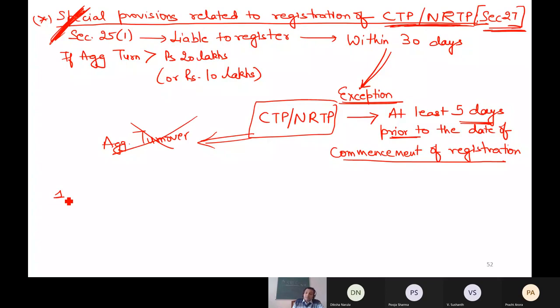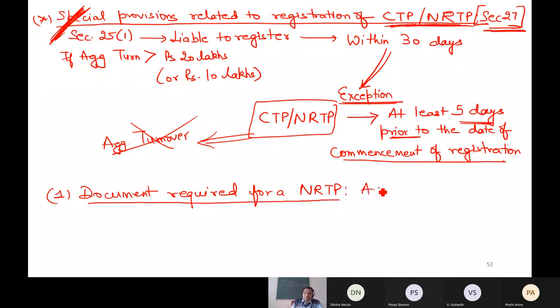Normally PAN number, but the document required for a non-resident taxable person is, do you remember? Rather than PAN, a valid self-attested passport.